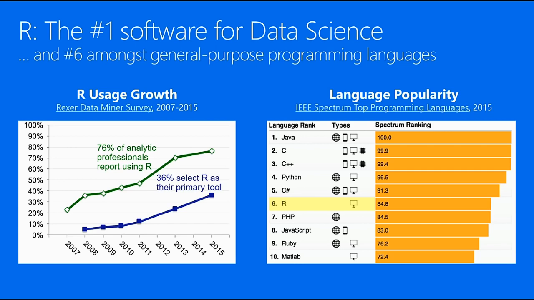But when we compare R also to generic programming languages, we see that R comes 6th in terms of the IEEE survey for the most popular language used. And you can see that this is right after the C# native programming languages, which I think is a big statement of the importance R takes place in the development community.